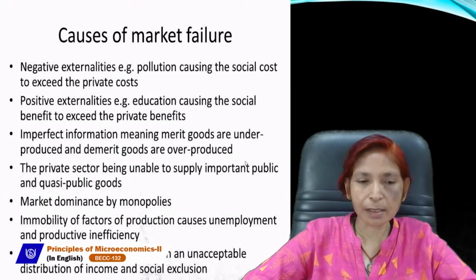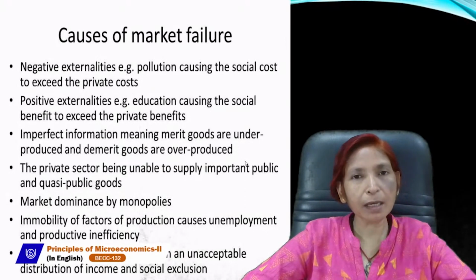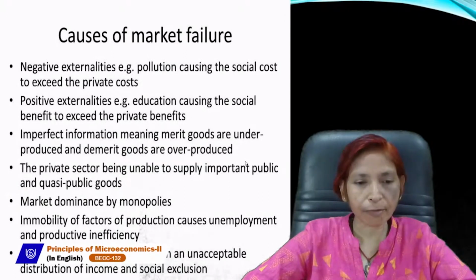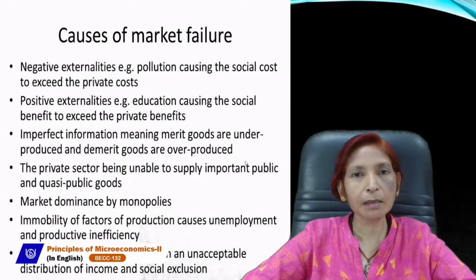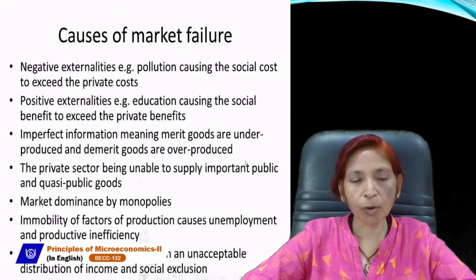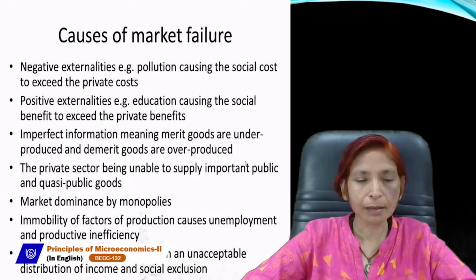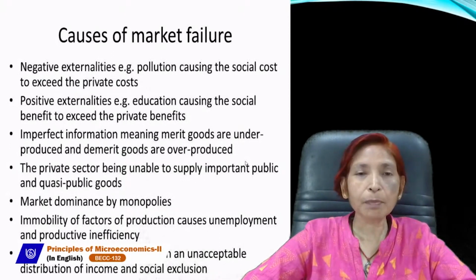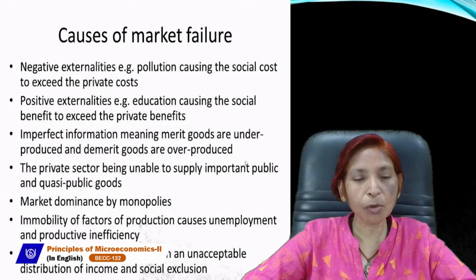If a monopoly exists, then the producer's main aim is to earn maximum profit. How can he earn maximum profit? The producer can earn maximum profit by reducing the output level and increasing the price level. Under a monopoly market, price remains always higher. In this case, producer surplus exists, but the consumer has to pay more price.